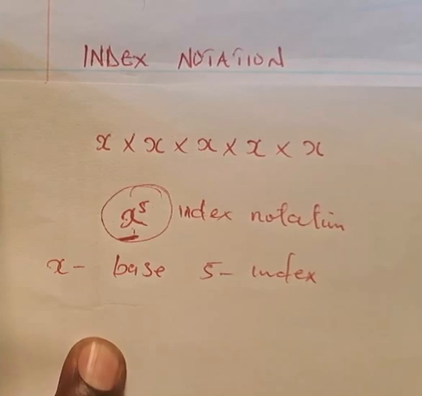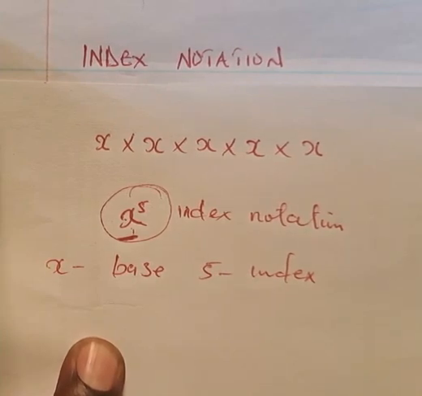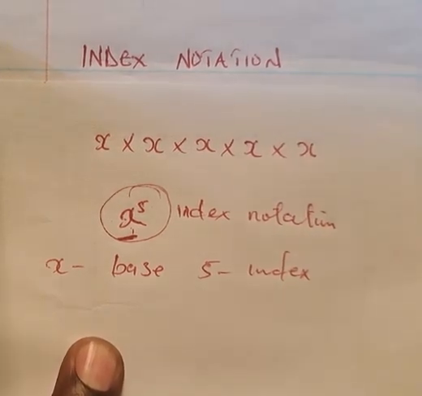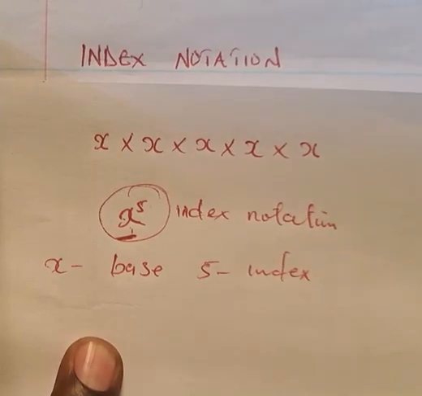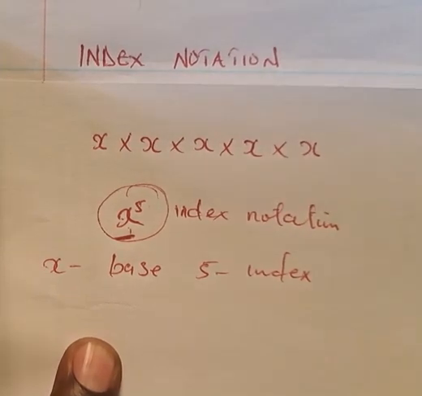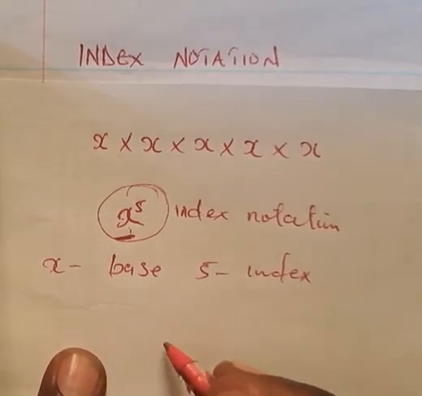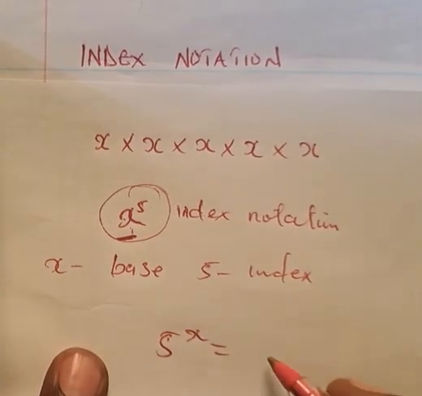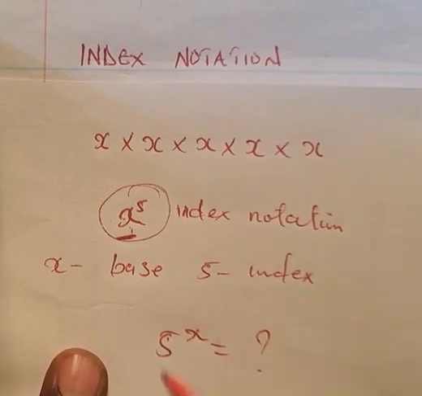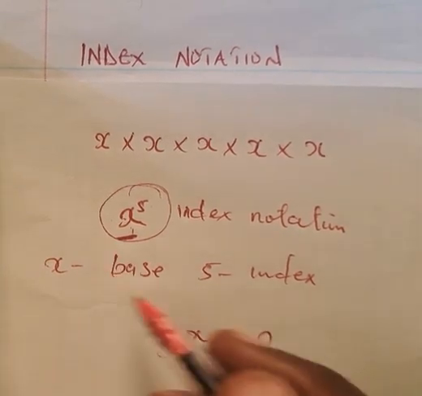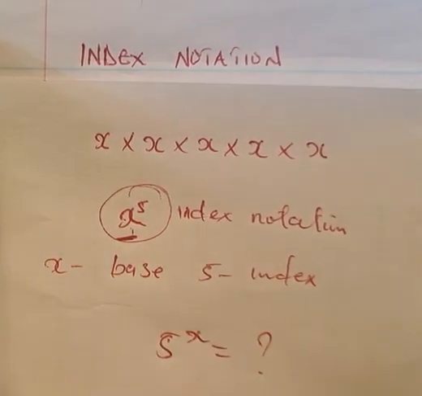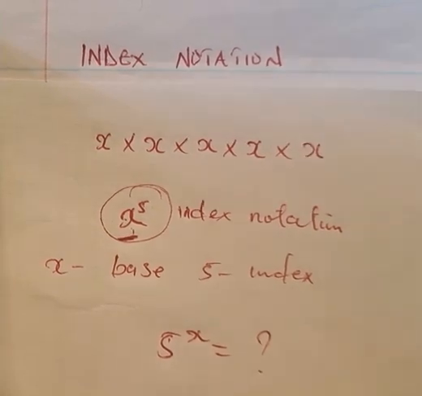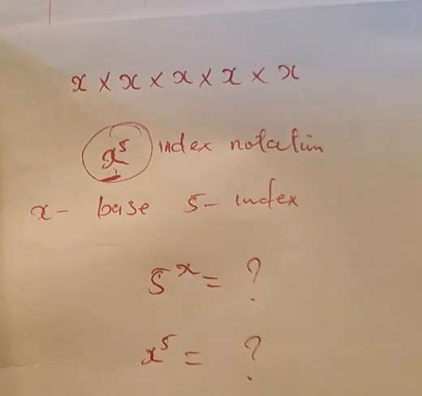Or you can be given the index, and the base is unknown. For example, 5 to the power x is equal to whatever number they write there, and they say find the value of x. Or they can say x to the power 5 is equal to whatever number they put there.